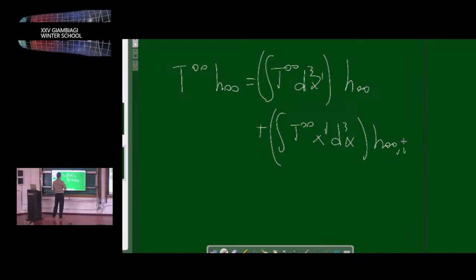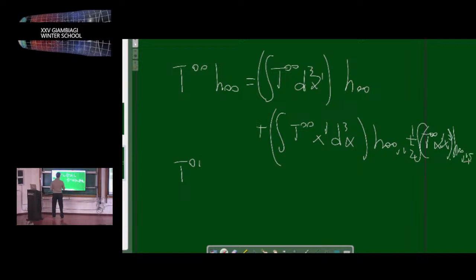And then I take T0i, and I do this. Actually, here I will need also the following term: T00 xi xj, 1/2 h00 comma ij.